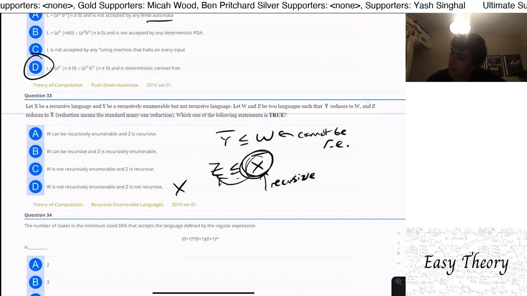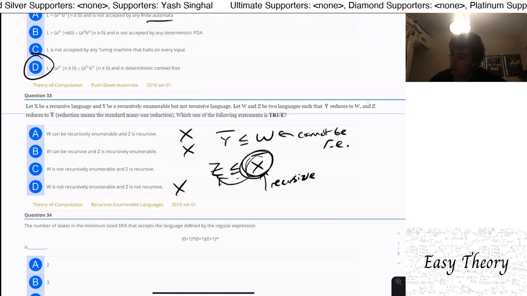Why? Because if it were, then that would imply Y prime is recursively enumerable. What we can do is just apply the reduction, solve the problem over here, and it would give you the same answer. So A can't be true. B can't be true because that would imply Y is recursive, so C is true.